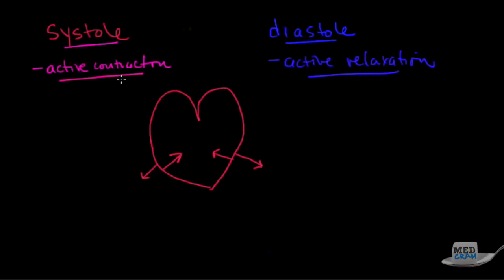When it relaxes, however, blood enters from the veins into the heart, both the pulmonic vein and also the inferior vena cava, and allows the heart to fill. If the heart can't contract, you have something called systolic dysfunction. If the heart can't relax, you have something called diastolic dysfunction.